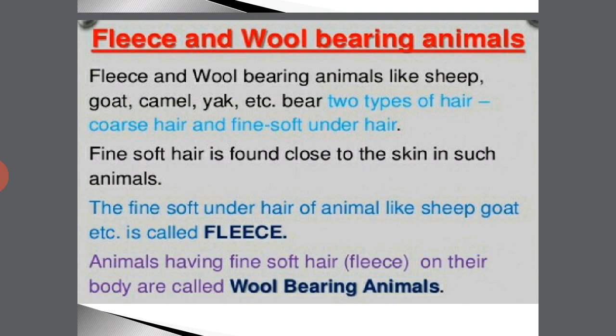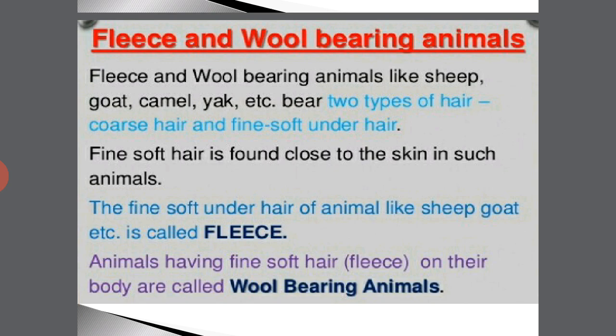Fleece and wool bearing animals like sheep, goat, camel, yak, etc. bear two types of hair: coarse hair and fine soft under hair. The fine soft hair is found close to the skin in such animals. In the upper layer, the hair we get is coarse hair.